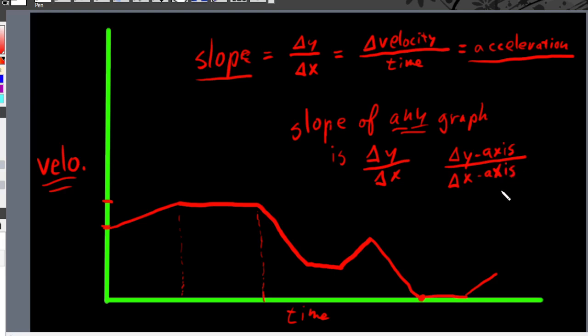Throughout the course, we will be looking at different graphs and finding out what their slope tells us as we divide the y-axis quantity by the x-axis quantity. So I'll say again, anytime you have a graph, you need to look at what could I get if I divided the y-axis quantity by the x-axis quantity, and that is what your slope would tell you for that graph.